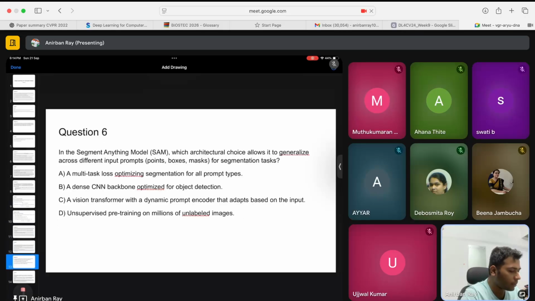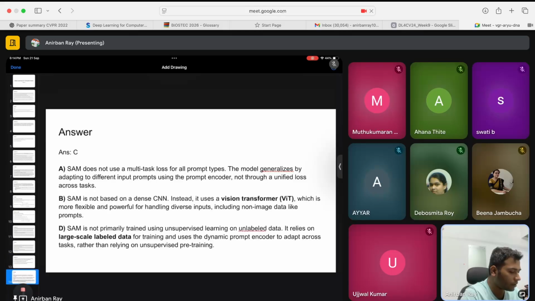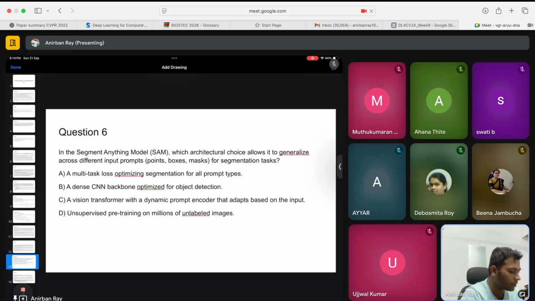And so, the Segment Anything Model: which architecture choice allows it to generalize across different input prompts for segmentation tasks? I don't think we've gone into the details of this. So C is the answer, the vision transformer with a dynamic prompt encoder that adapts based on the input.